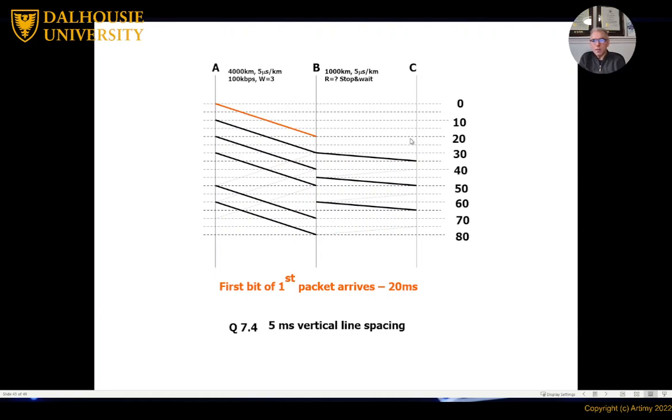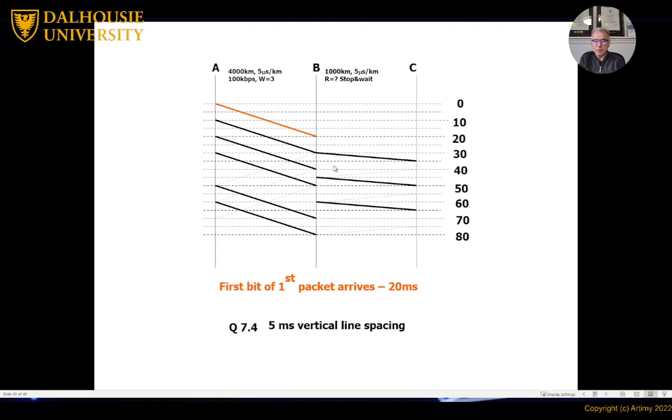From B to C, I think we're using stop and wait. So we're sending a frame, and then we are waiting for acknowledgement. Then we're sending another frame, then waiting for the acknowledgement. There is supposed to be another line here. I think this is part of the question. So what is the frame size here?